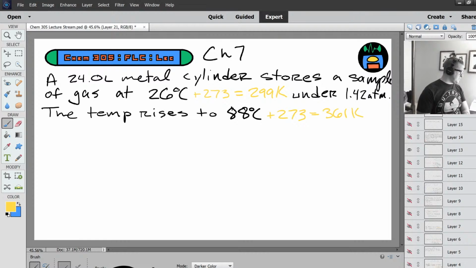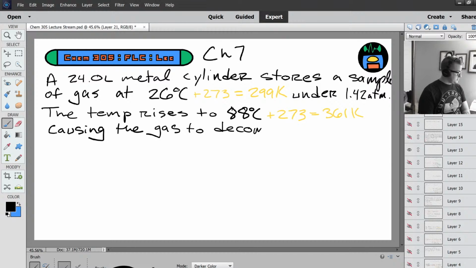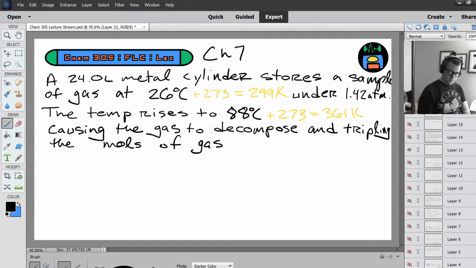So the temperature rises to 88 degrees C, causing the gas to decompose and tripling the moles of gas in the cylinder.